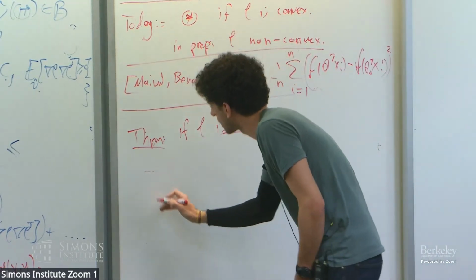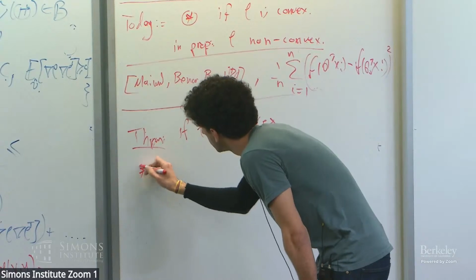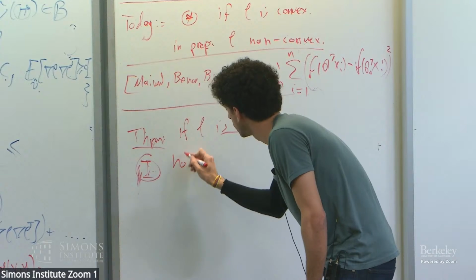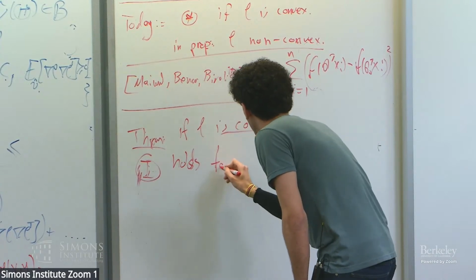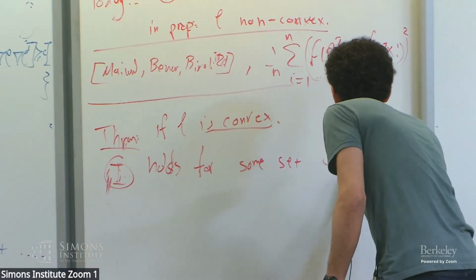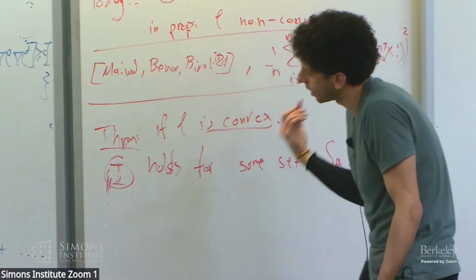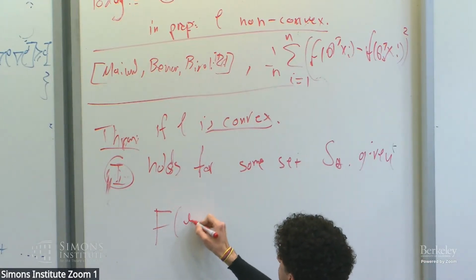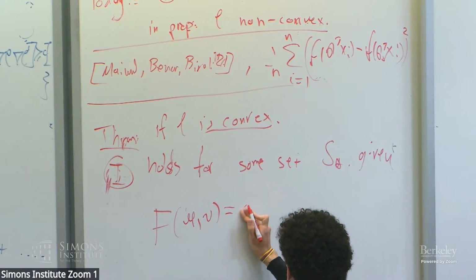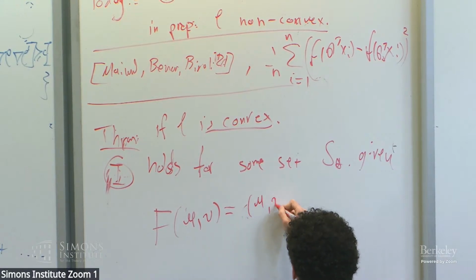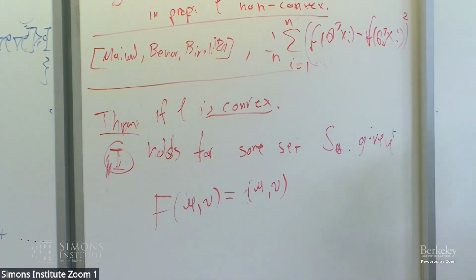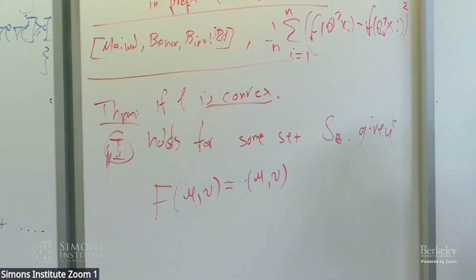If L is convex, then this property holds for some set S star given by something that looks like f of mu nu is equal to, even if it's not strongly convex.